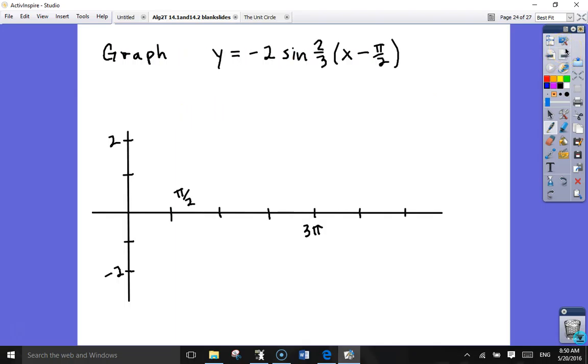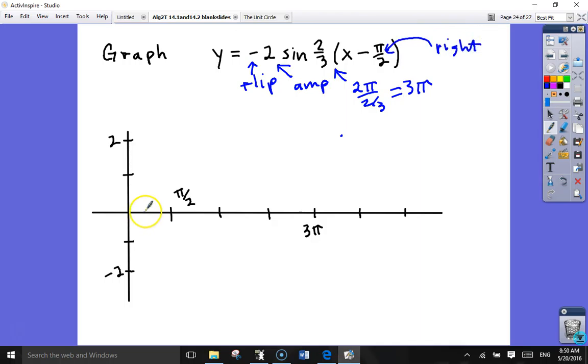So, one more. Okay, what all's going on here? We've got a flip. We have a new amplitude. We're going to have a period of 2 pi divided by 2/3, which will be 3 pi. And we'll have a shift to the right 1/2. So it's shifted to the right, so it starts here.